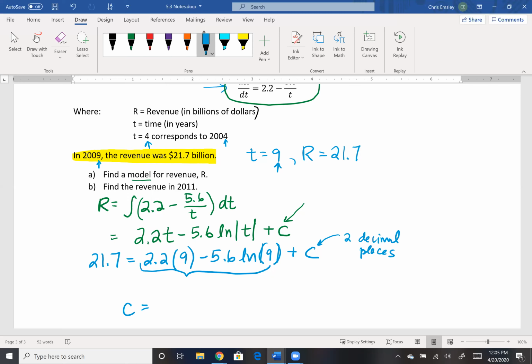Looks good, Nadia. That's what I got too. Everybody see if that's what you get for your C. If not, maybe try it on your calculator again, or if you want me to, I can pull up the calculator and we can take a look at it together.